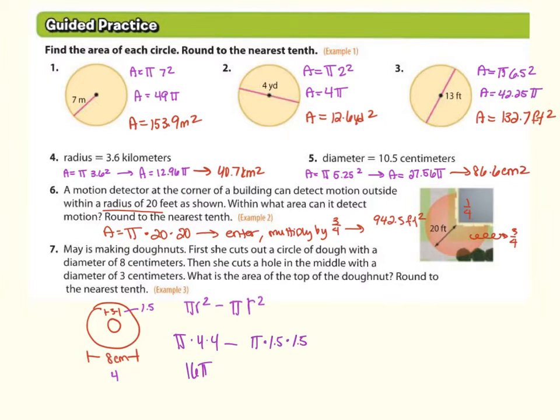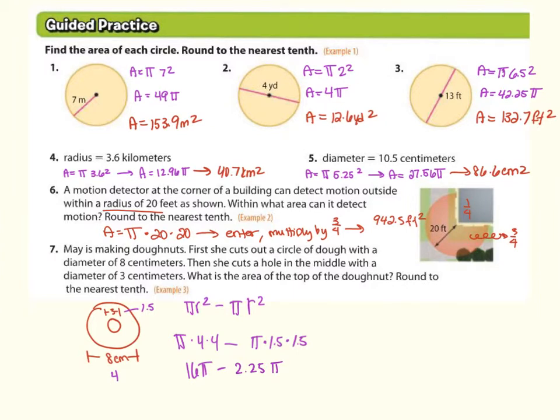Don't get your decimals mixed up with those multiplication symbols. 1.5 times 1.5 is 2.25. Now all we have to do in our calculators is take 16 times pi, put that number down, and then minus 2.25 pi.